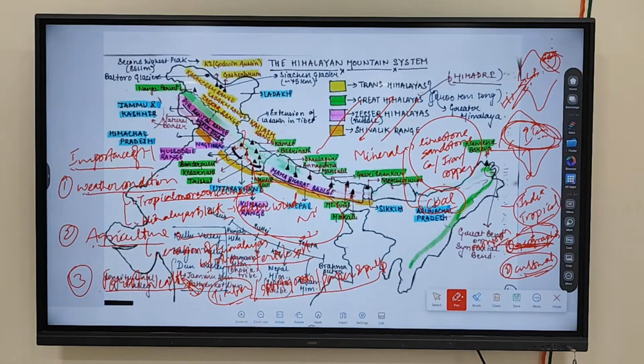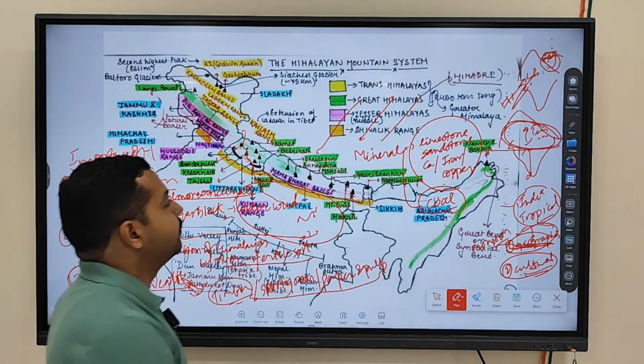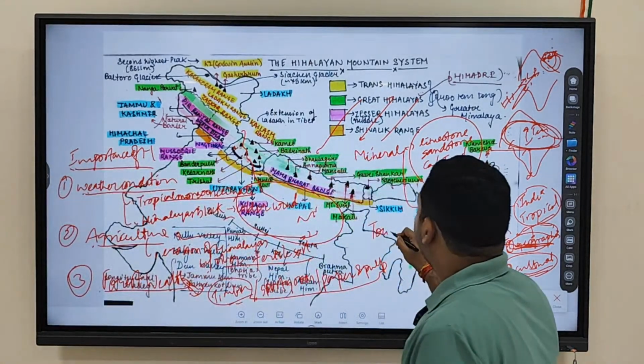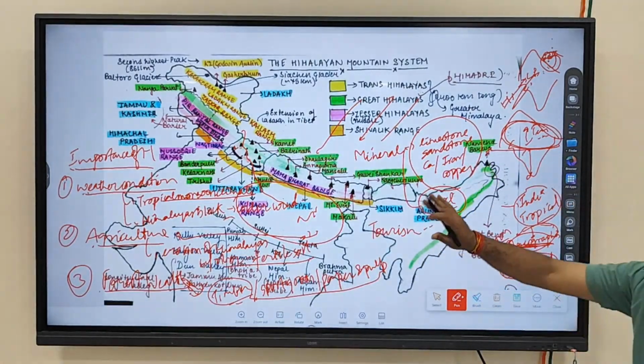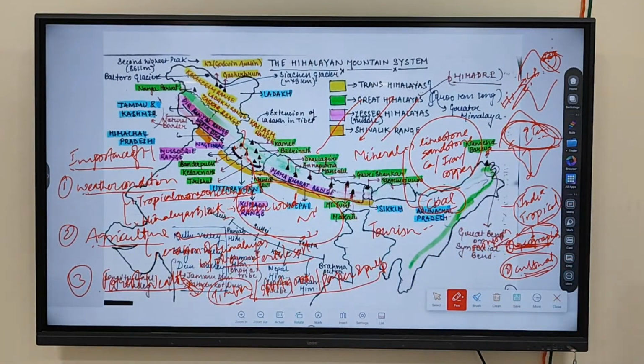Fine. They are also very important for tourism. As we discussed, the Himalaya provides scenic beauty, as a result very famous for tourism. Many hill stations are there, like Kullu Manali. Rohtang is a hill station. Kashmir is known for its tourism.